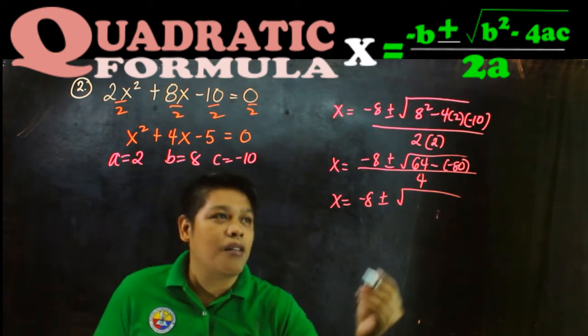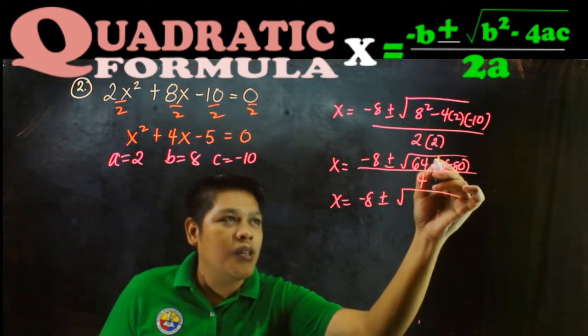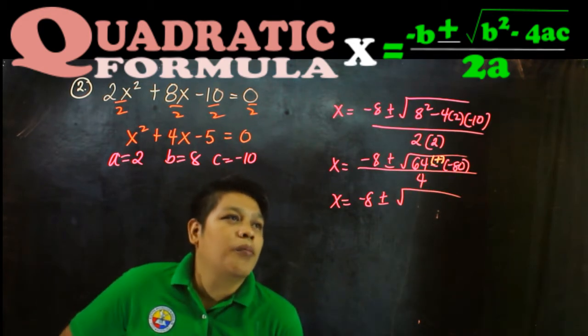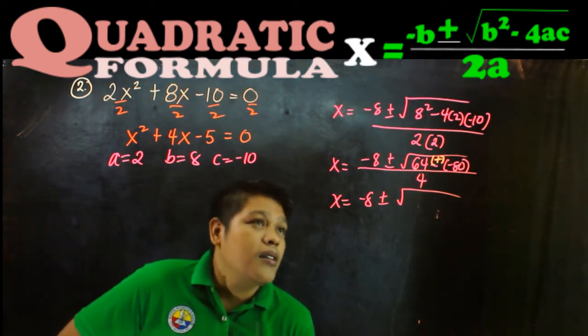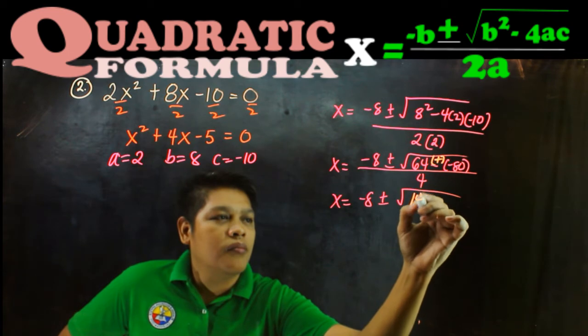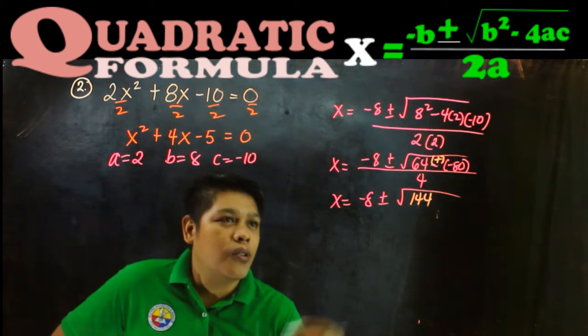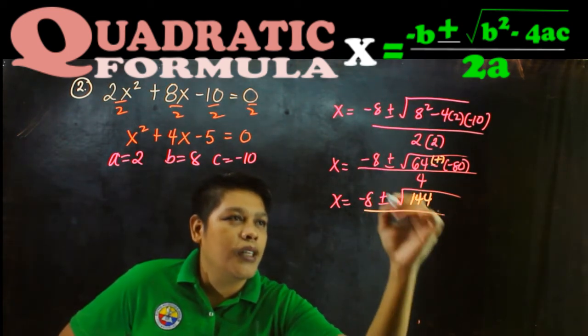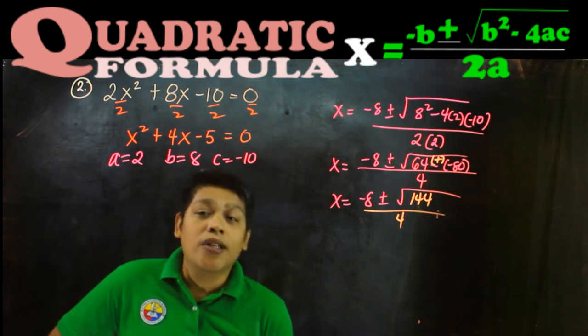Kasi negative, magiging plus na yan. So, ito ay magiging plus. So, 64 plus 80 is 144 over, that is 4, no?